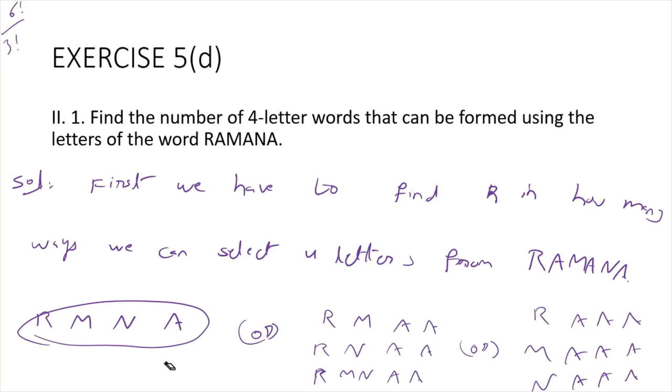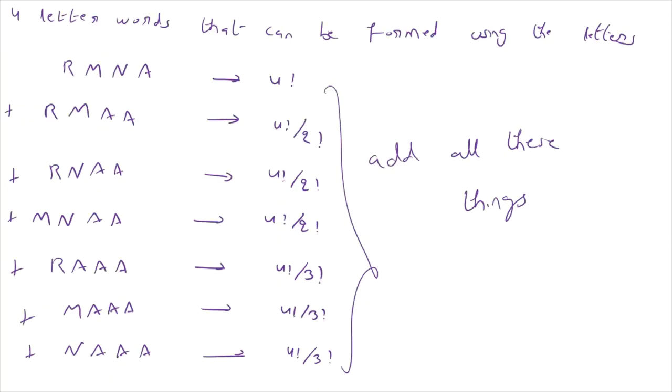After that I have to find out how many 4 letter words can be formed using each combination. So the number of 4 letter words using R, M, N, A, plus the number using these 4 letters, plus so on, plus the number using R, triple A, plus so on. We have to add all these things. So this is going to be our answer.